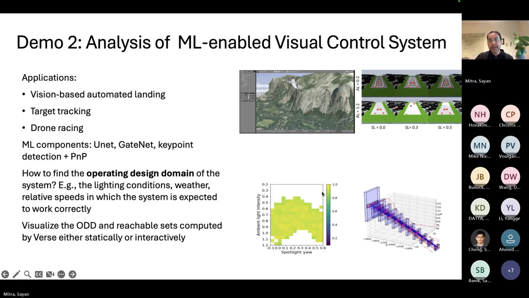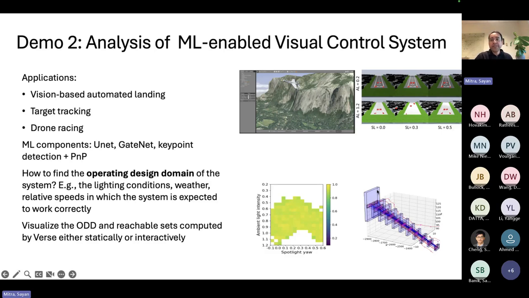And the range can be computed and generate a heat map like this picture down here. So x-axis is the position of the sun, y-axis is the ambient light, and the green region that has been identified by our technique is the subset of the environment in which, using reachability analysis, we can show that the system lands the plane correctly.